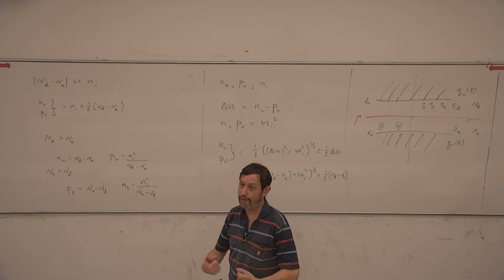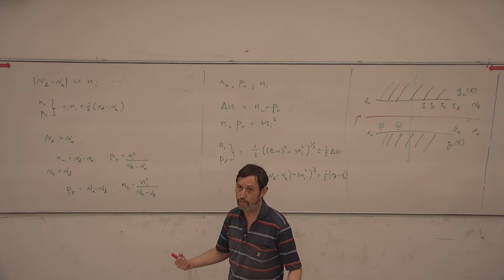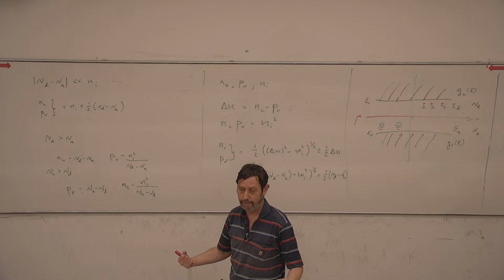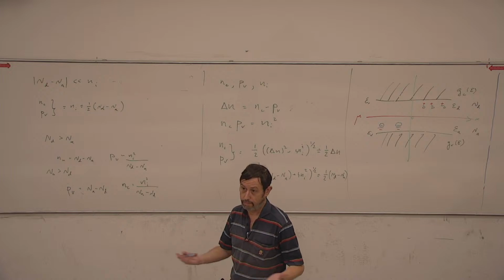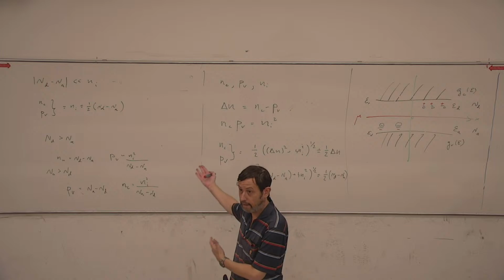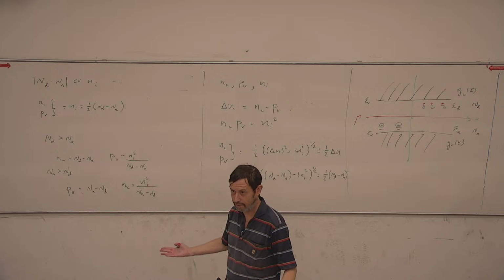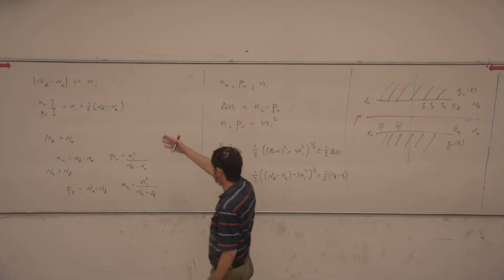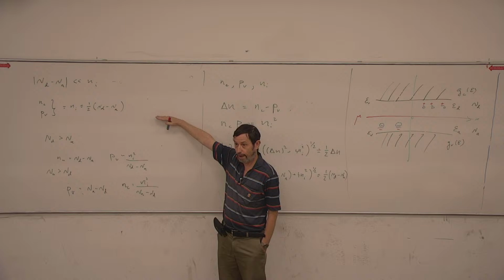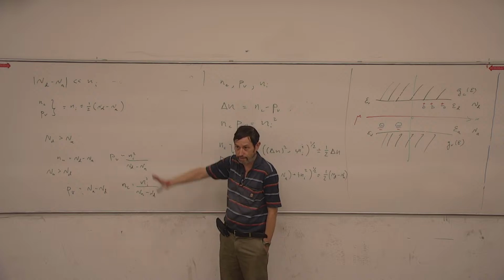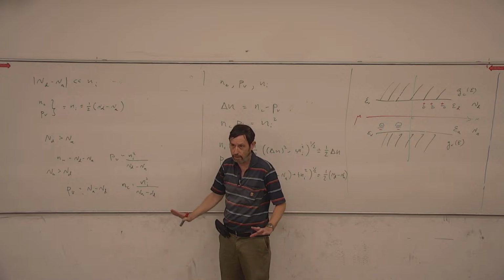Now, if I separate plus and minuses, what does it mean? I have a field, and it costs me energy. And I didn't take it into account in my whole consideration. Here I just assumed a constant energy for having a hole and a constant energy for having an electron, and that's all.